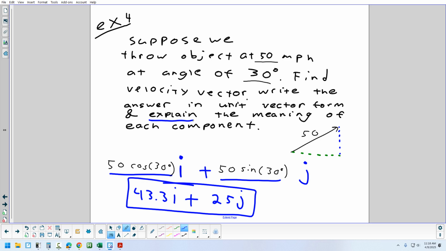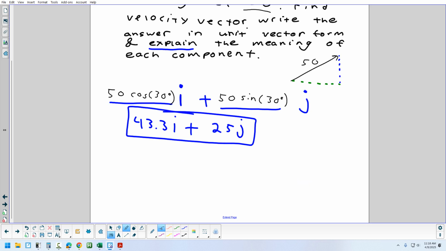Now it says to explain the meaning of each component. Well, how many components are there? Two. What is that 43.3? It's the horizontal velocity, not a distance.